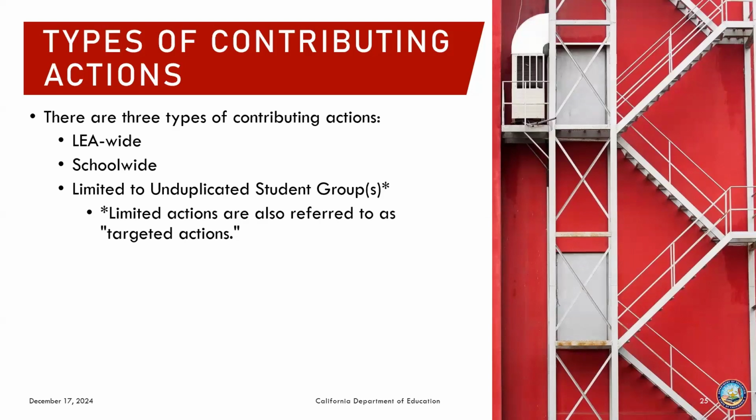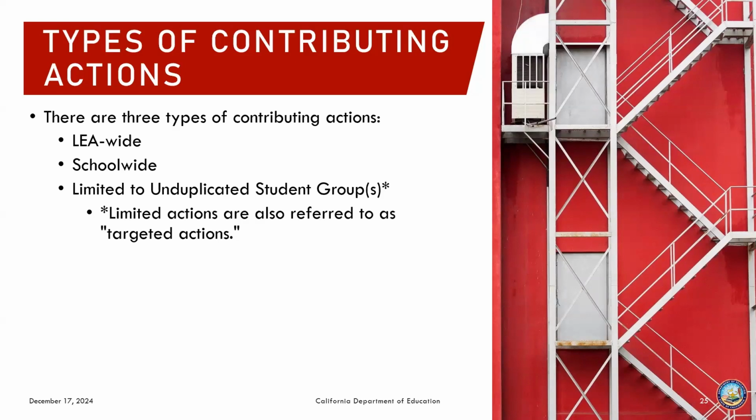So we've already touched on the three types of contributing actions. We have LEA-wide, school-wide, and limited to unduplicated students. It's possible to have an action that is limited to unduplicated students be provided at multiple school sites. It's also possible to have actions that are provided on an LEA-wide basis that are only going towards certain grade spans or certain grades of students.